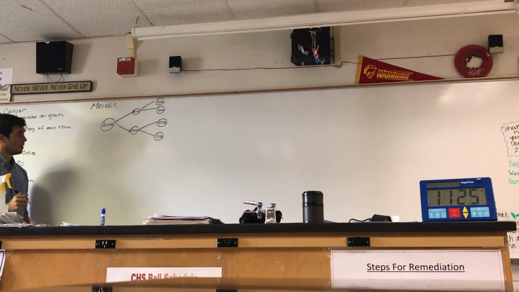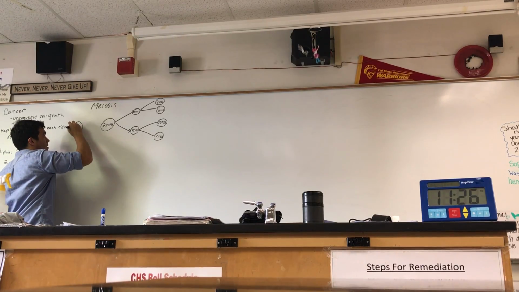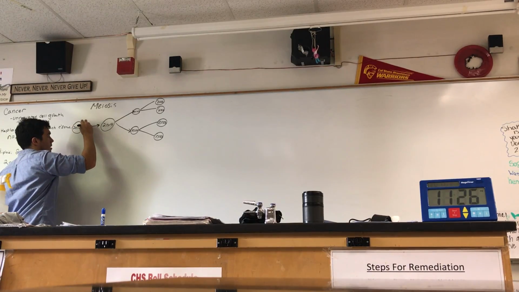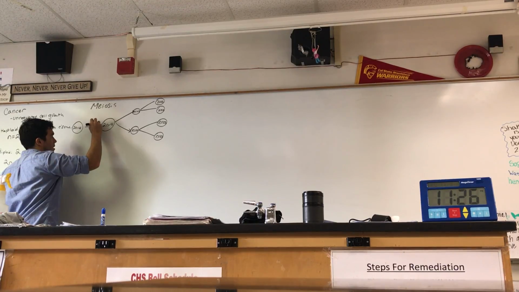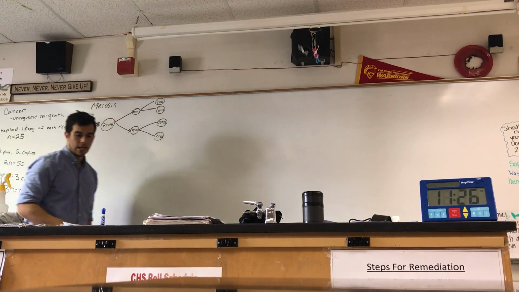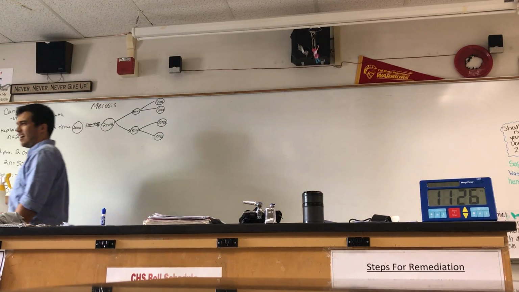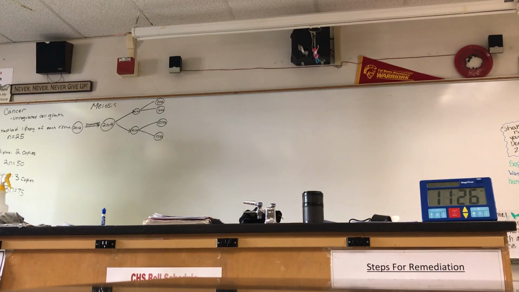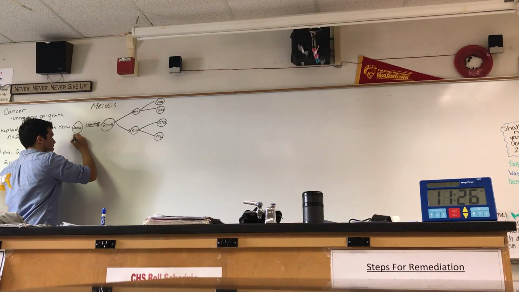Okay? So here it is. Let's say I've got this right here, and I put another one. Interphase. Okay? If I look at this, let's say I weigh the DNA again, and let's say right here, I've got 20 picograms.